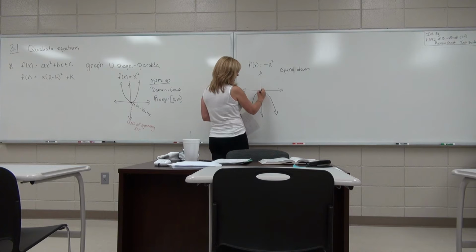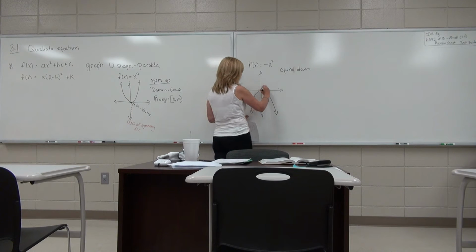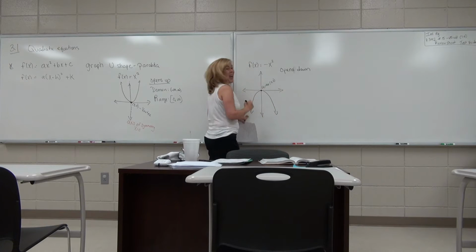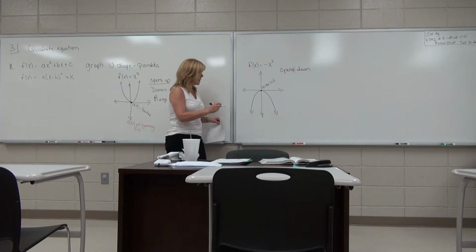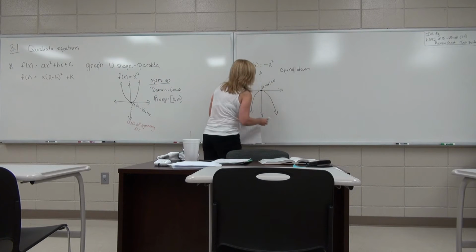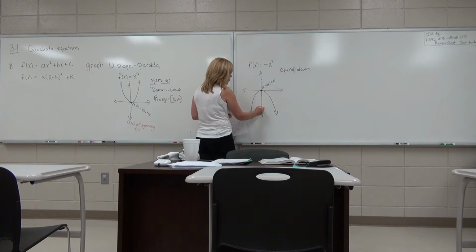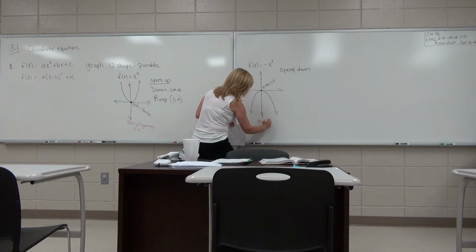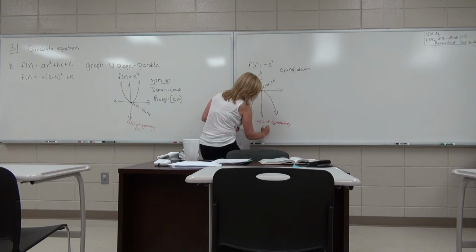And then of course the vertex is still here. This is where it changes from increasing to decreasing. Our vertex on this particular graph would be the maximum point, right? The highest point on this graph. And your axis of symmetry is the same thing, x equals 0. Axis of symmetry will always be a vertical line. So it'll always be x equals.